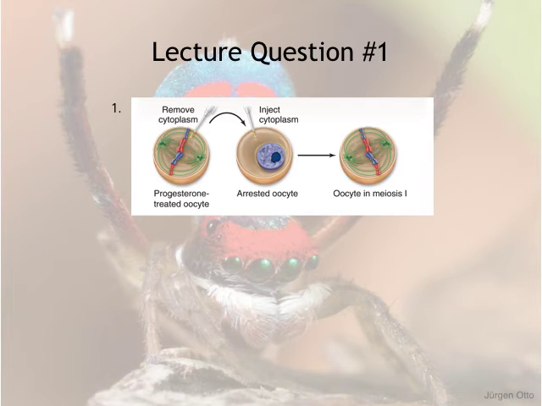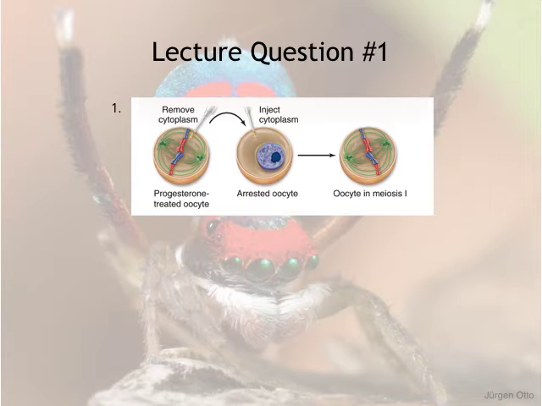This observation initially came from these kinds of experiments where you would straight up take a needle and puncture a cell that's undergoing division, undergoing mitosis, and remove the cytoplasm. I guess this is an oocyte, so this oocyte is undergoing meiosis.